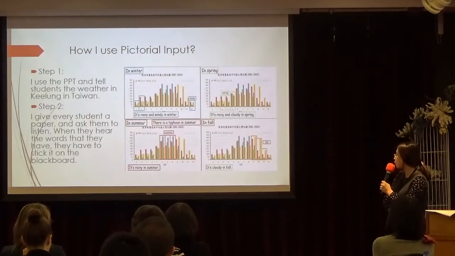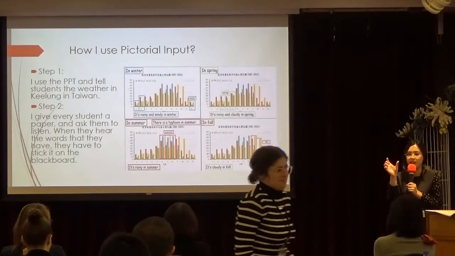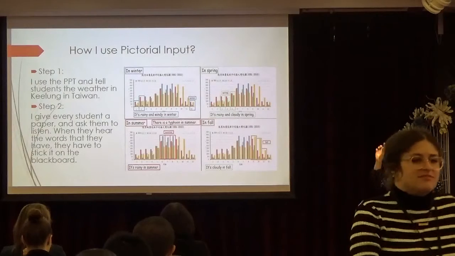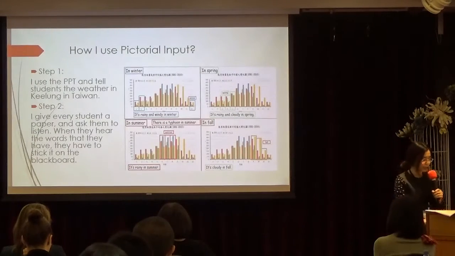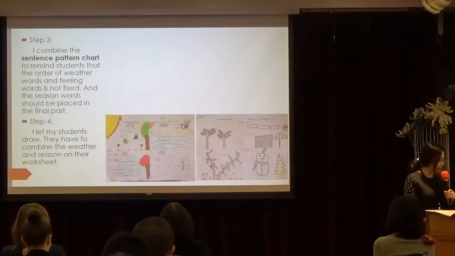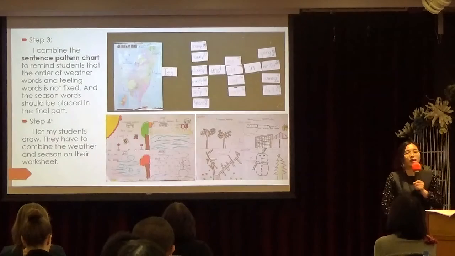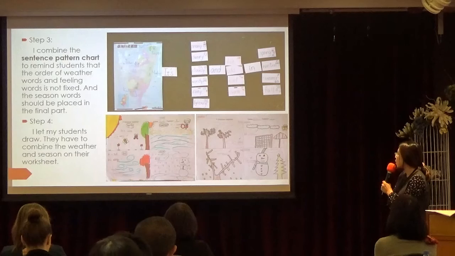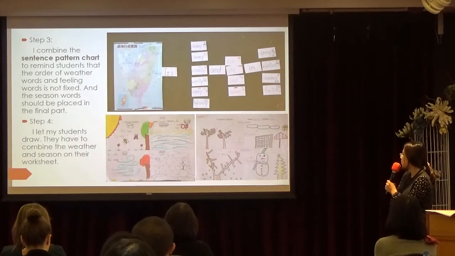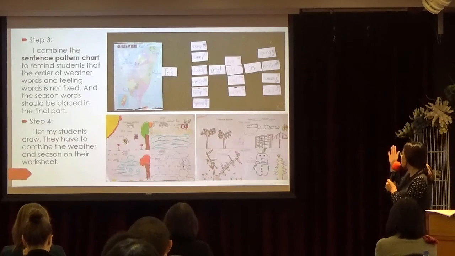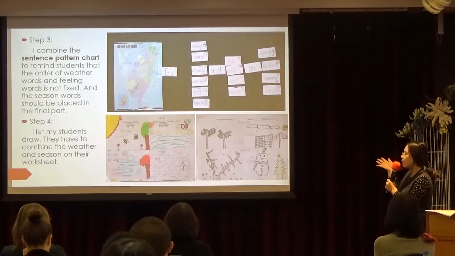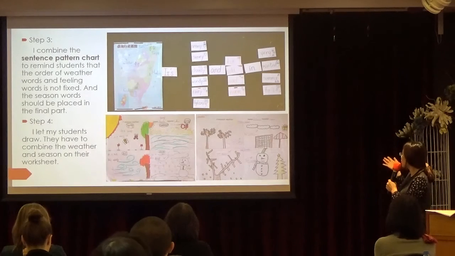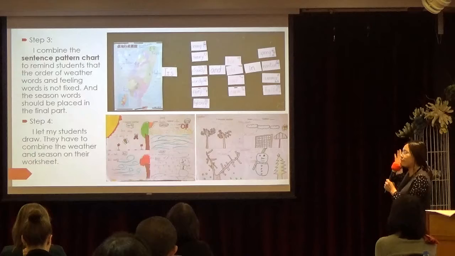When they hear the word, they have to stick the small paper keyword on the blackboard. And I also combine the sentence pattern chart to remind students the order of the weather words and meaning words. They can put them in the front, in the middle, like this, and only the season word in the final.